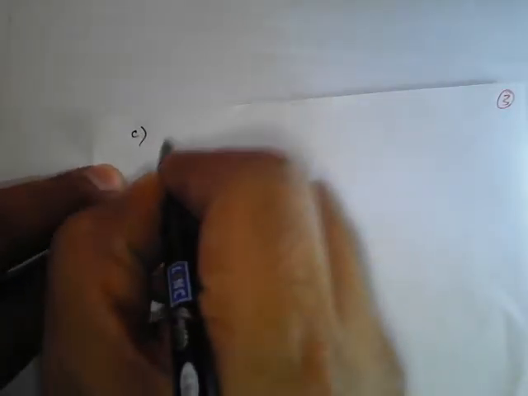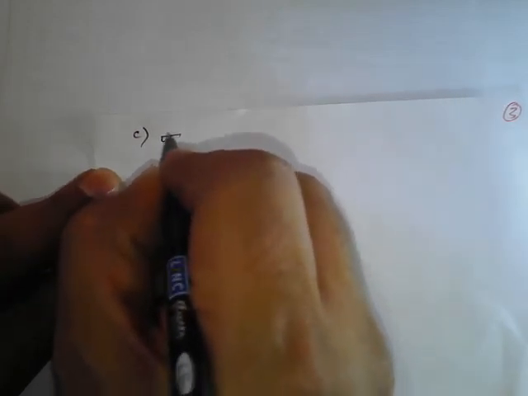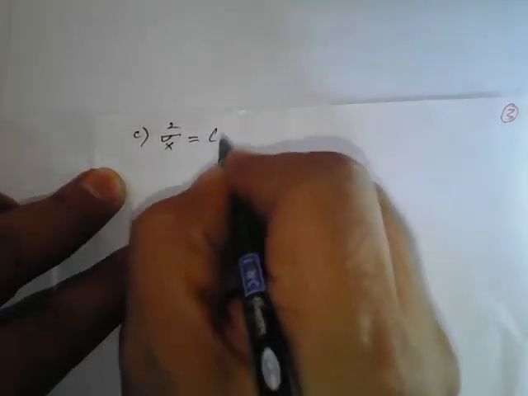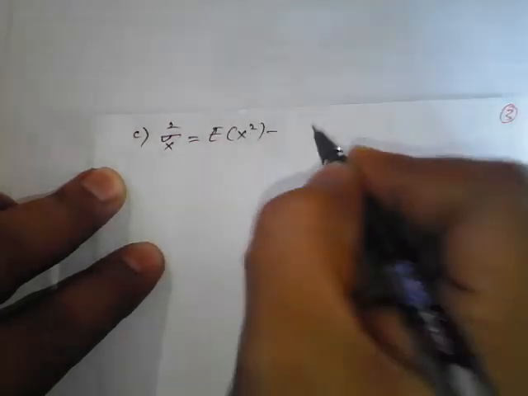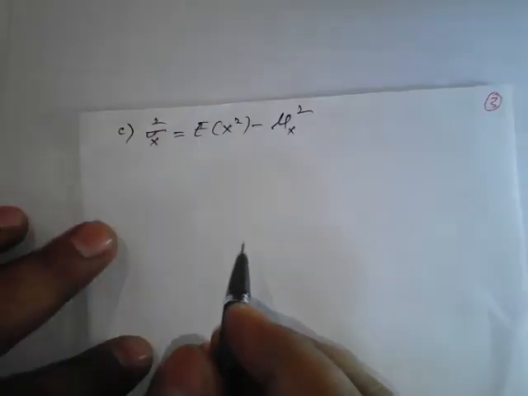So we know the variance formula is given for x as well as y. We need to work it out first. So the third one, that is C. Variance of x is nothing but expectation of x square minus mu of x square.